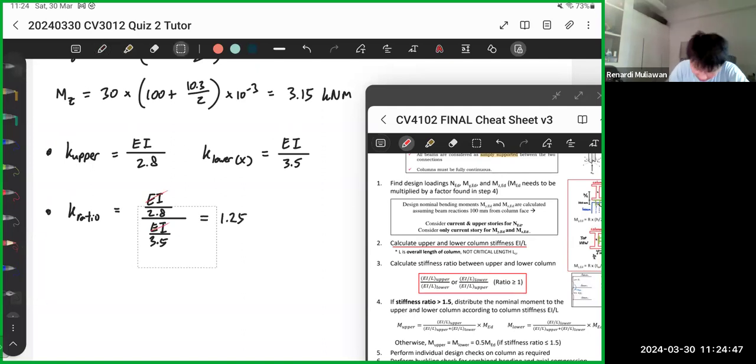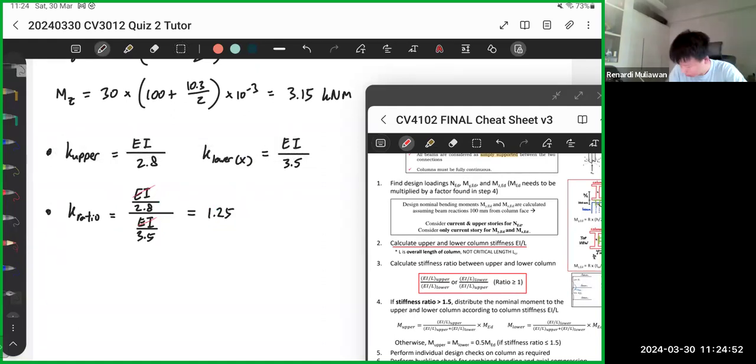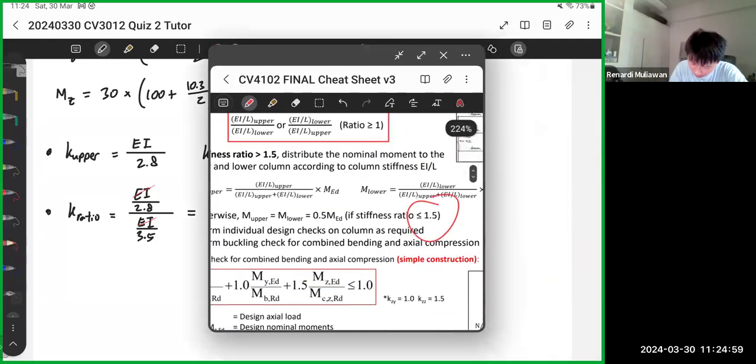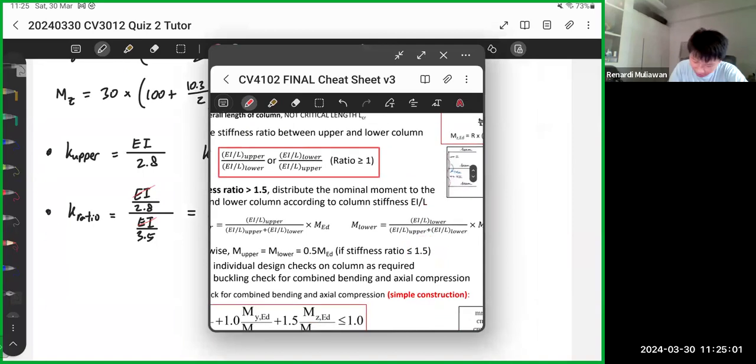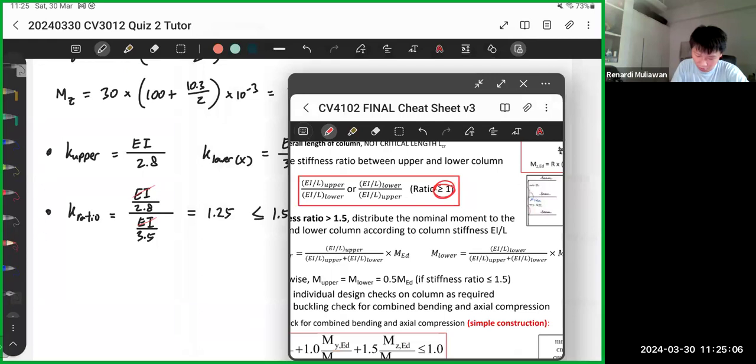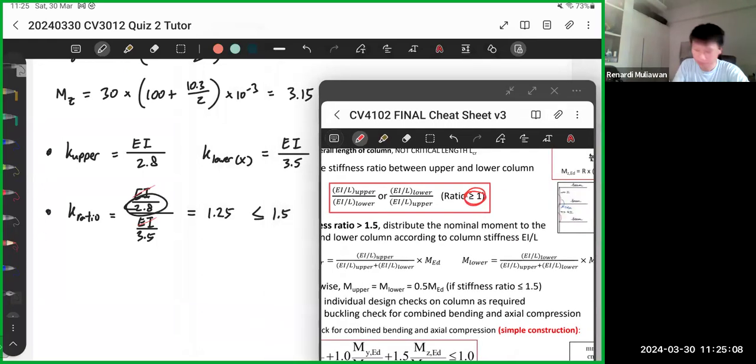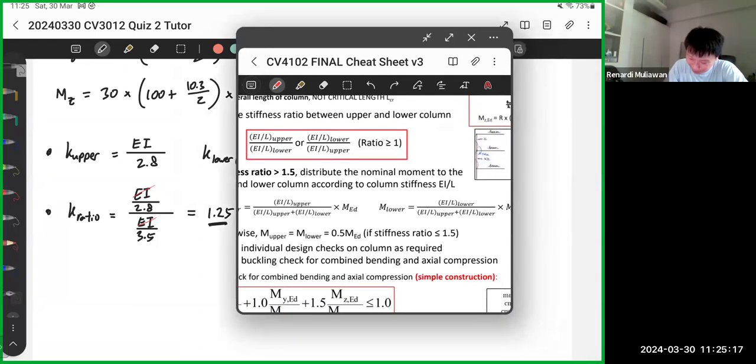If you notice, this value is less than 1.5. By the way, the ratio taken should be bigger than 1 before you check 1.5. Usually we take the lower length on top because it gives 1.25, which is bigger than 1. Before you check 1.5, you must make sure it's bigger than 1 in the first place. That's why I put it here. But anyway, let's go back to here.